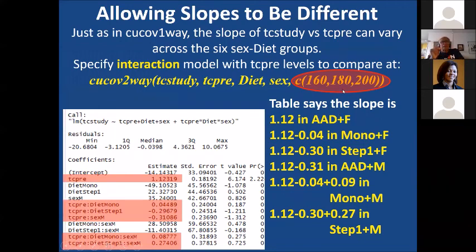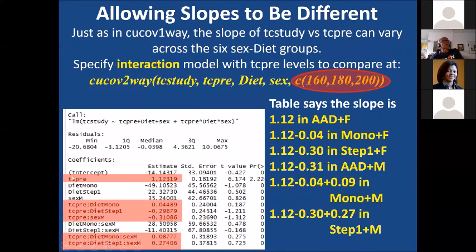Just again, for Sarah and other people's benefit, this is just the TC3 levels that I'm interested in comparing. There's nothing fixed about it. And I could have given C of 150 or C of 190. So you now have a much more complex model.